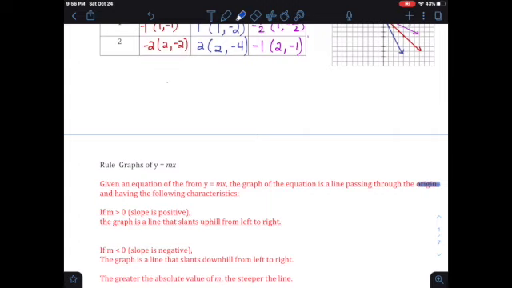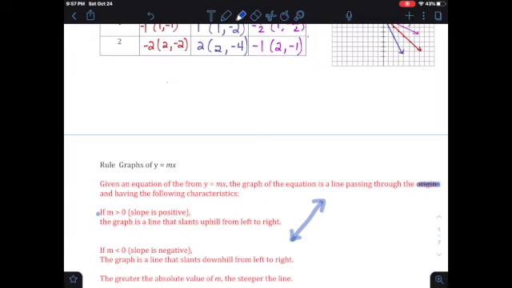1. If m is bigger than 0, slope is positive. The graph is a line that slants uphill this way from left to right. If m is less than 0, slope is negative.